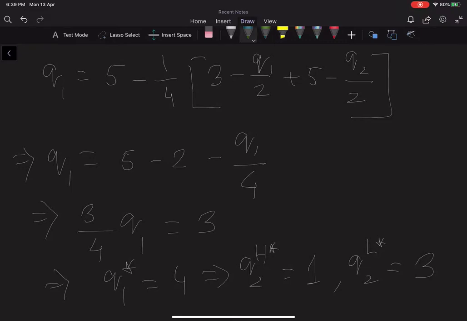The Bayes-Nash equilibrium is Q1 star, Q2H star, Q2L star, which is 4 comma, high type chooses 1 and L type chooses 3.